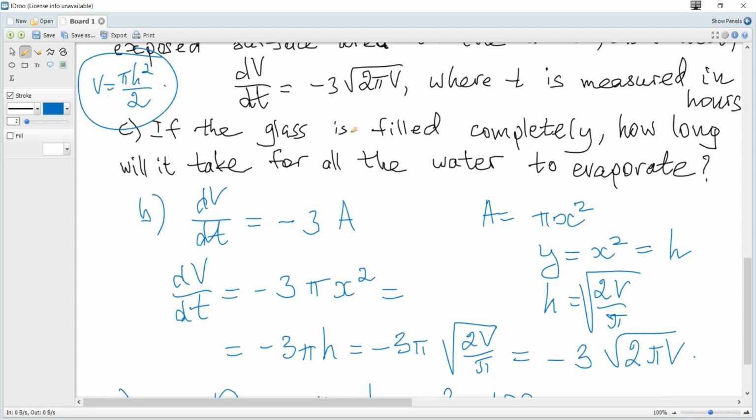So move everything with V to the left, with t to the right, and we can split. It's a constant, so it may be to the right or to the left, it doesn't matter. So let's separate variables.